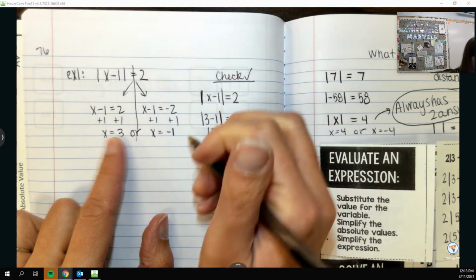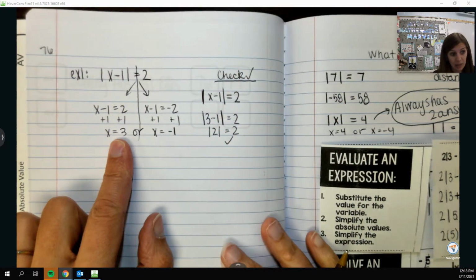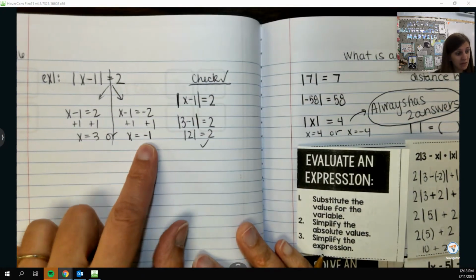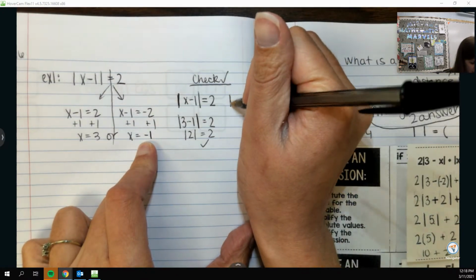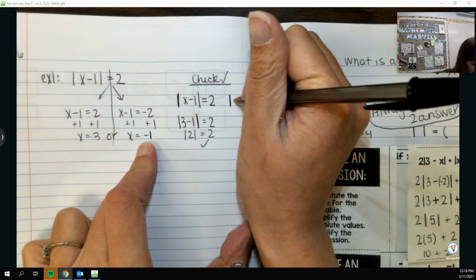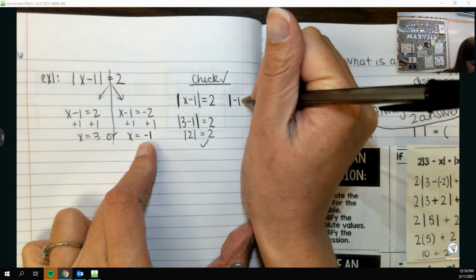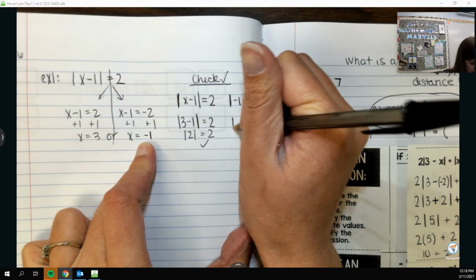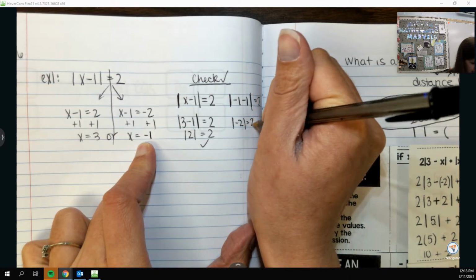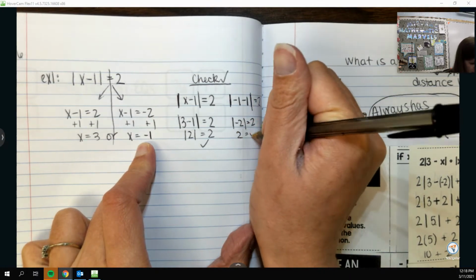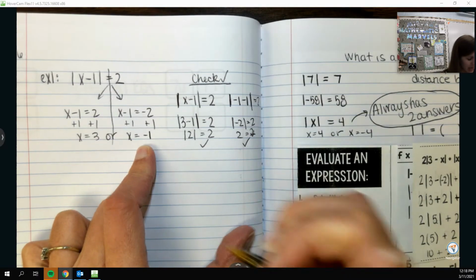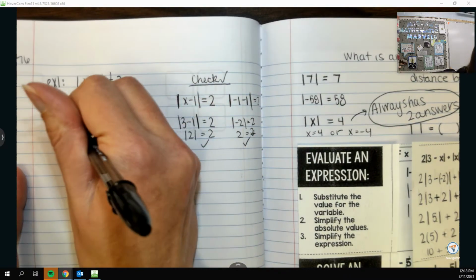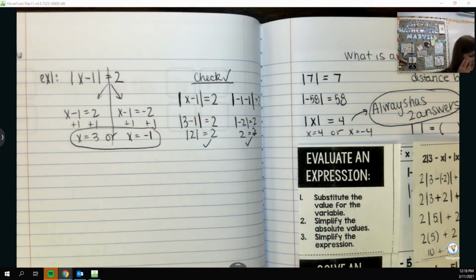And it sure is. So now I know that 3 works, but I also have to check the -1. So if I put -1 in place of x, -1 minus 1 is -2. And the absolute value of -2 is 2, and 2 does equal 2, so this one checks out as well. So I know that they are both answers.